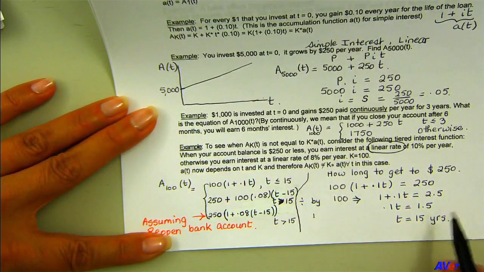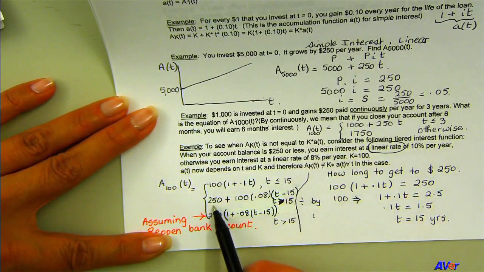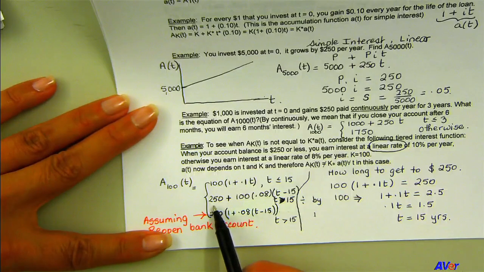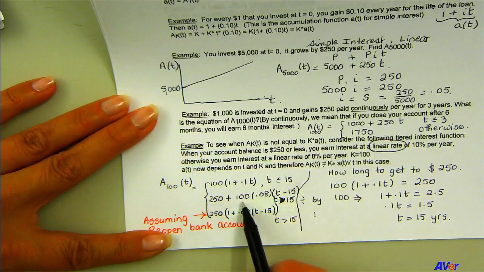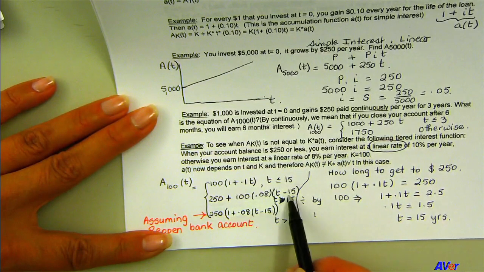I'm saying that at time 15, there's $250 in there. And now this 250 is going to grow at the simple interest rate, the simple interest rate based on $100, 8% interest for this many years. So if T is 20, then it's growing at 8% for 5 years. Do you agree with that?